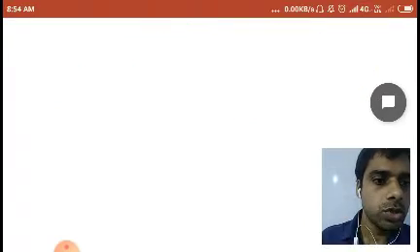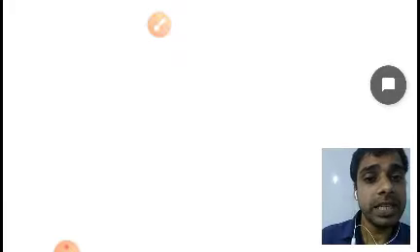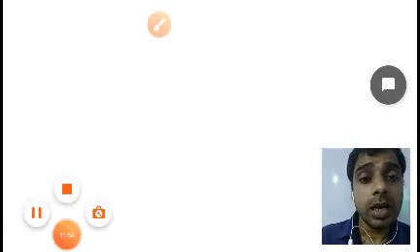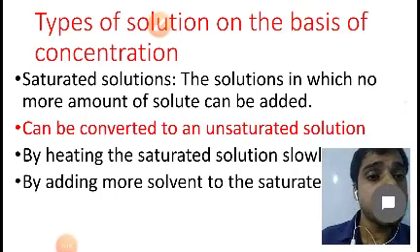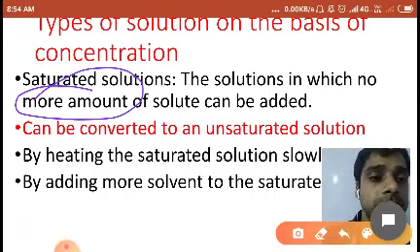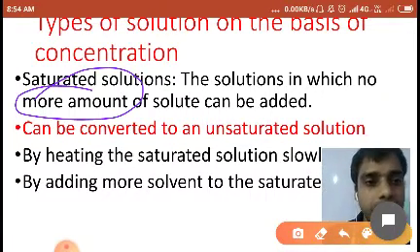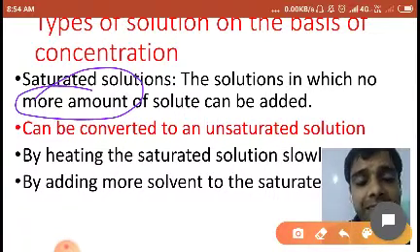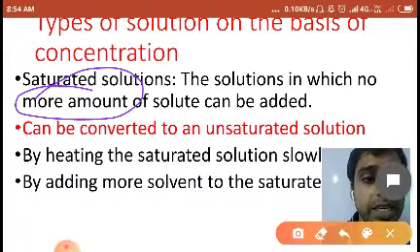Okay? So supersaturated, saturated and unsaturated. I am repeating this. Saturated, where no more solute can be added, meaning the interparticle space is fully occupied. What is unsaturated? Before the saturation point, every point is unsaturated. What is supersaturated?